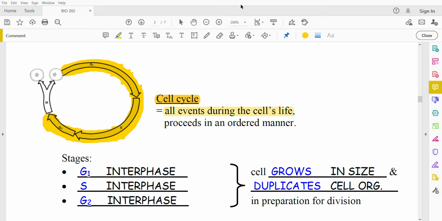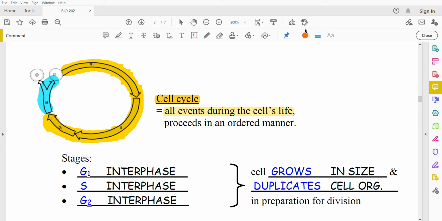And in addition to the yellow part that I've drawn here, this turquoise part that I've drawn is also part of the cell cycle. I'll explain in a moment why I drew them with different colors. But all parts of this circle that we see here are parts of the cell cycle.